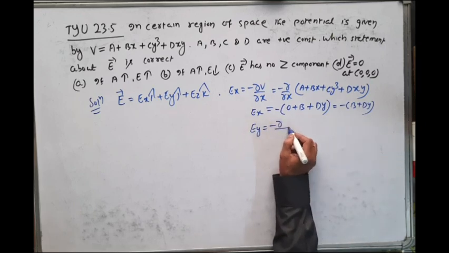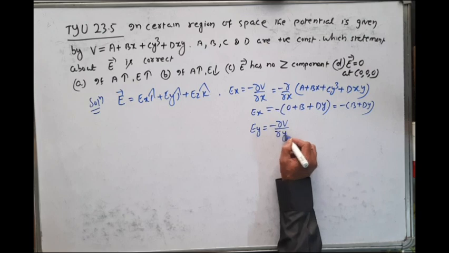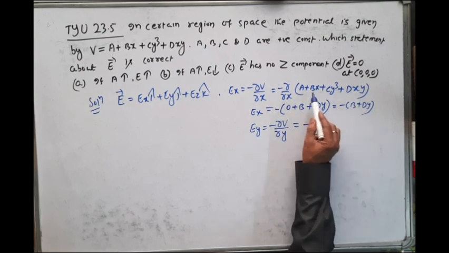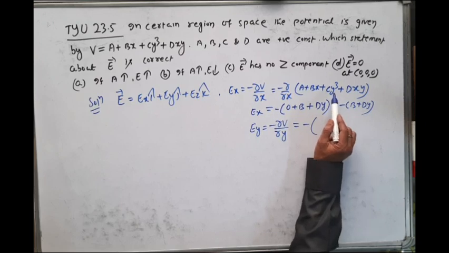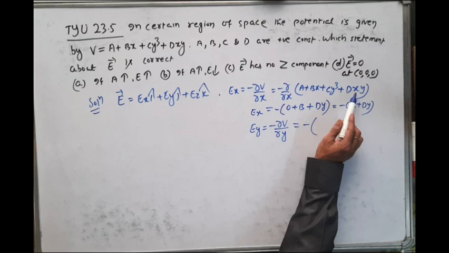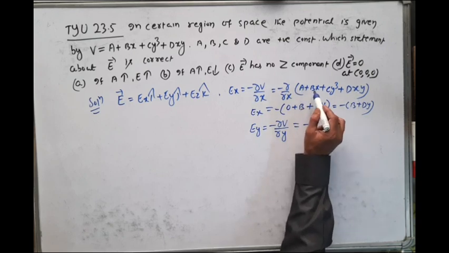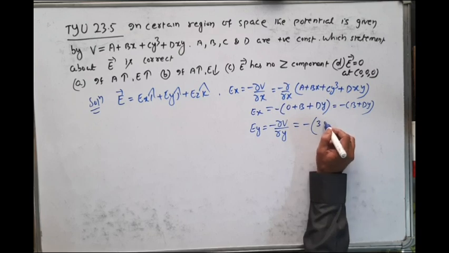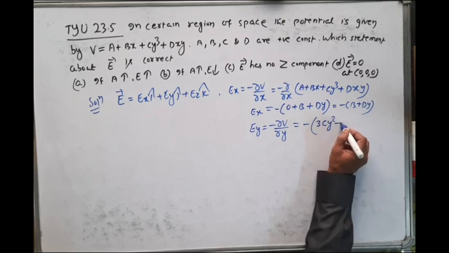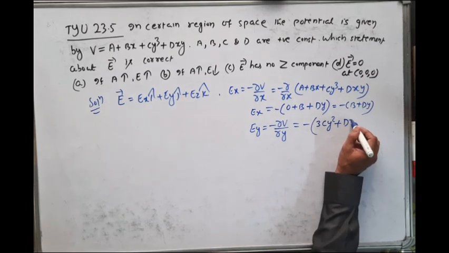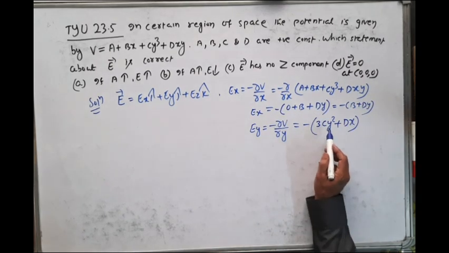Similarly, we can find Ey. Ey is equal to minus ∂V/∂y. You have to differentiate this V with respect to y. When differentiating with respect to y, x is assumed to be constant. So the derivative of A is 0, Bx is 0. The derivative of Cy cube is 3Cy square, plus the derivative of y, where Dx is a constant. So this is the value of Ey.